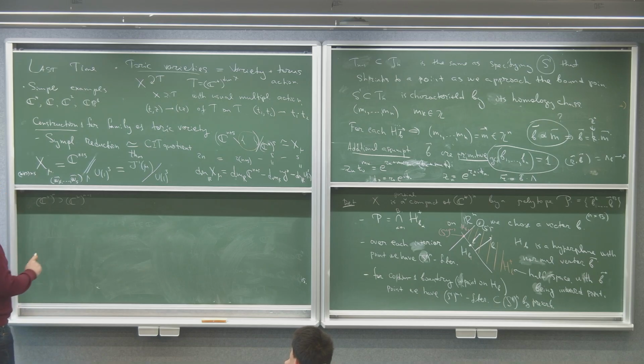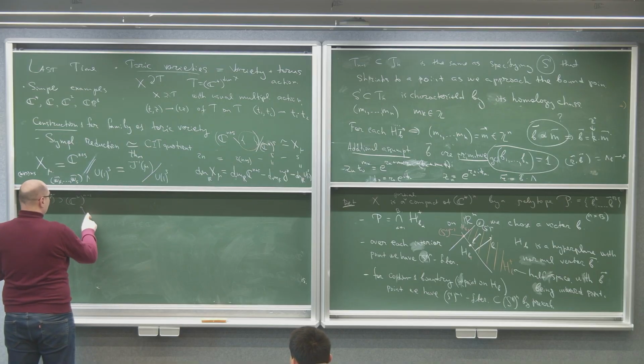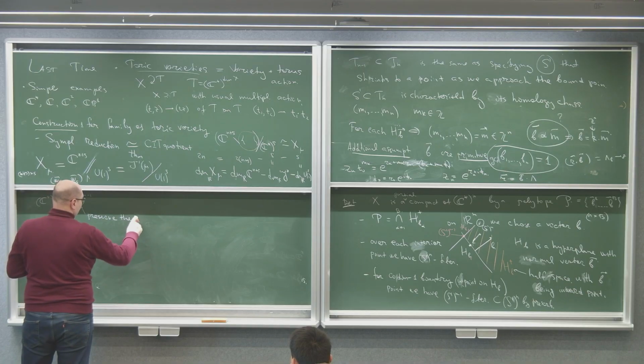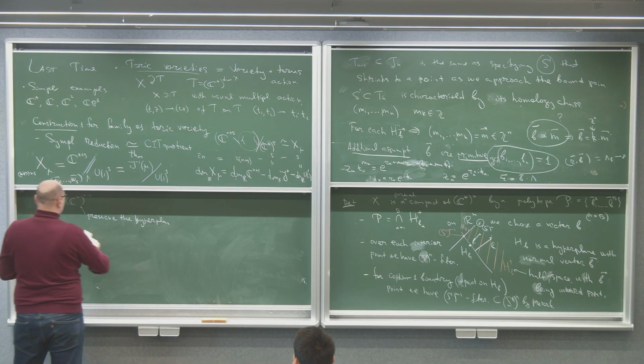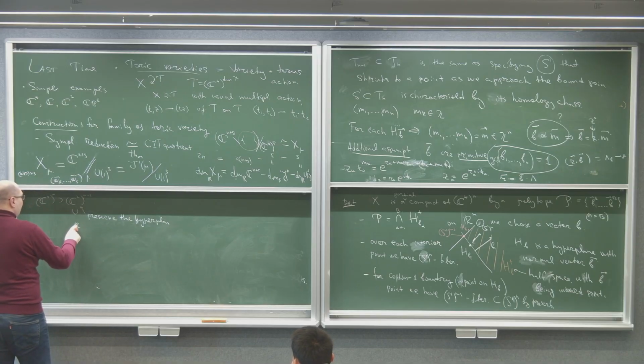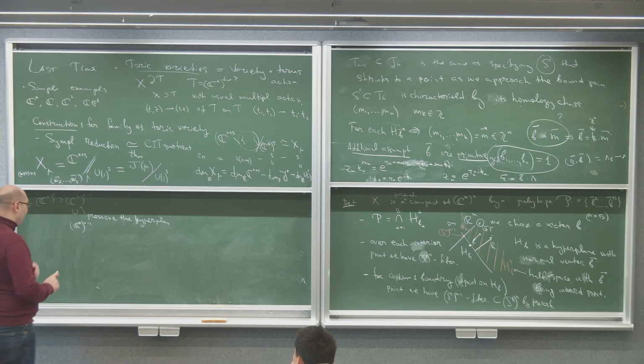And this part of C star should move points on a hyperplane around. So this thing should preserve the hyperplane. Here the non-compact or radial part is R star to the power n minus 1.